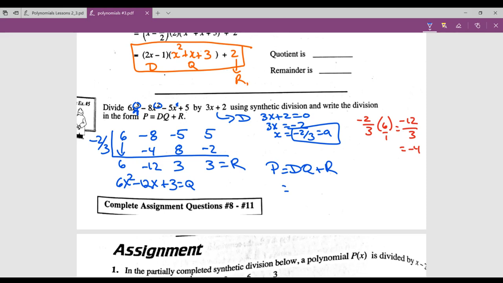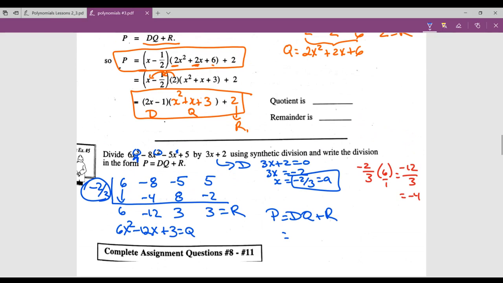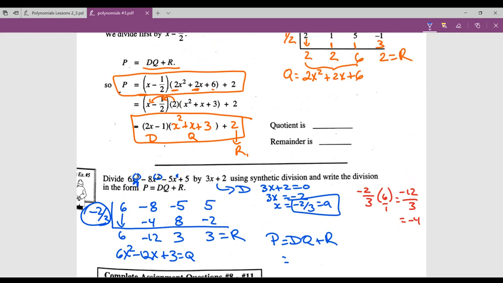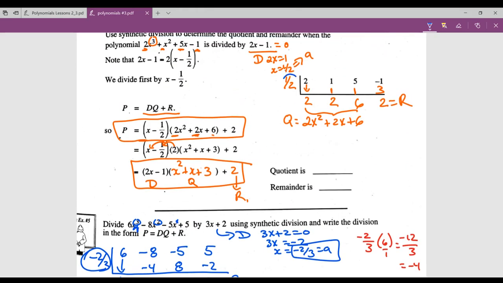So when we rewrite our divisor, you write it with the a value. I don't think I made it clear up here. So if you look back up here, this was our a value. When we rewrote our divisor, it's always x minus a, okay?